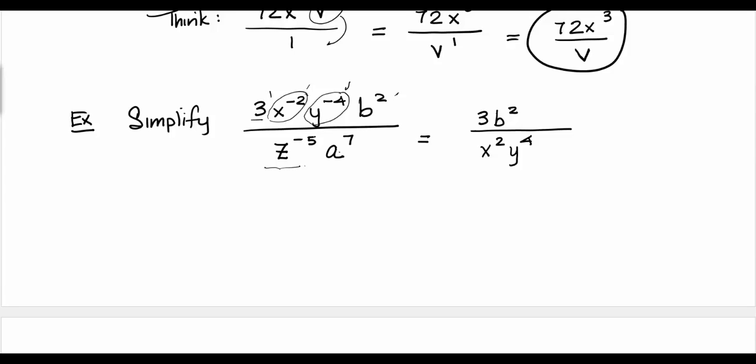My z is negative in the denominator, so I'm going to toss that up top and make it +5. And then I have a to the 7th. And that's it. So now I look at my expression. Every base with a negative exponent in the numerator went down to the denominator, and every base with a negative exponent in the denominator went back up to the numerator. So that's simplified.